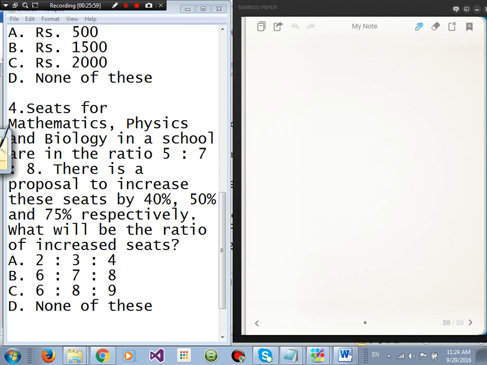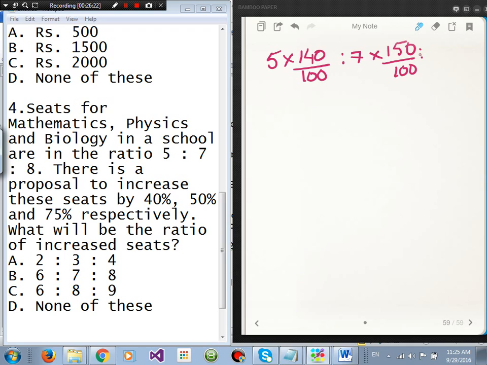On the 5, if you increase the 40%, it is simply 5 into 140 by 100. That is the increase in the seats of mathematics. Then 50% increase in seats of the physics, for that simply 7 into 150 by 100.